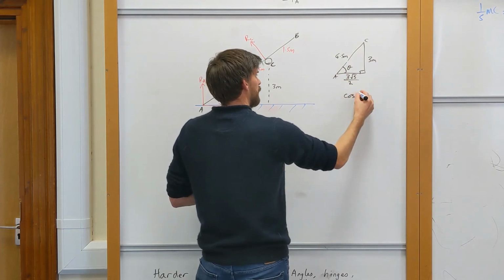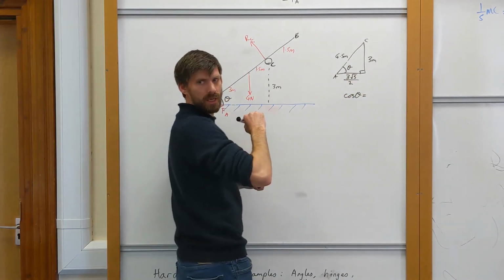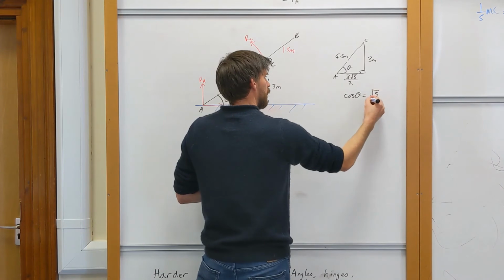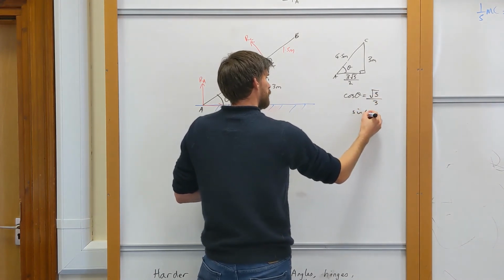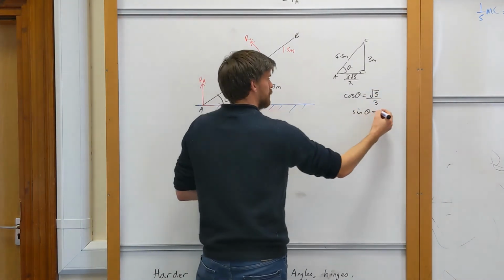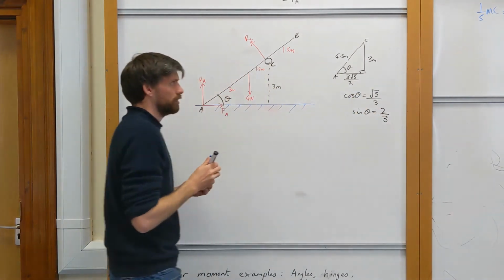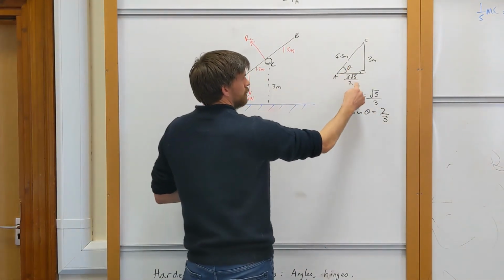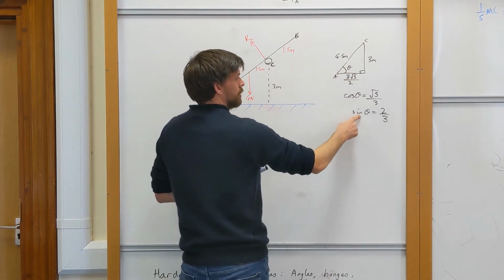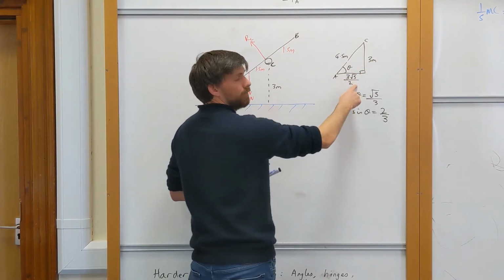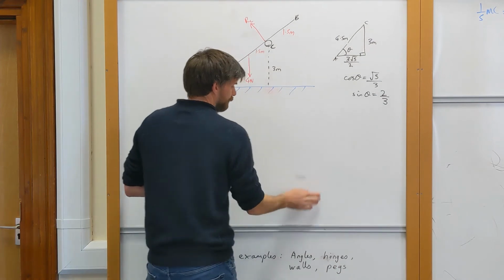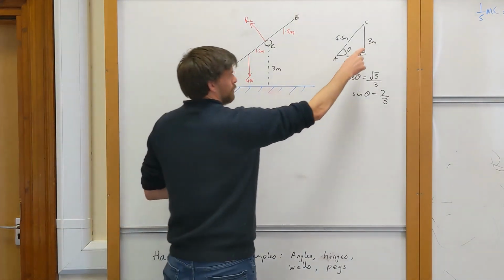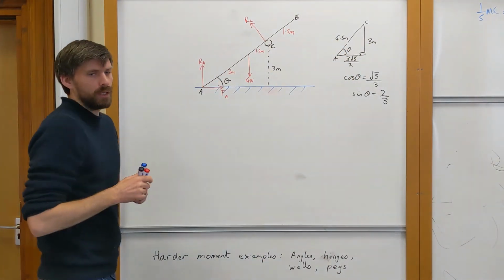So therefore, if you work out the cos theta ends up being root 5 upon 3. Sine theta comes out as 2/3. Okay? Remembering, cos theta is adjacent over hypotenuse. Sine theta is opposite over, sorry, sine theta is opposite over hypotenuse.